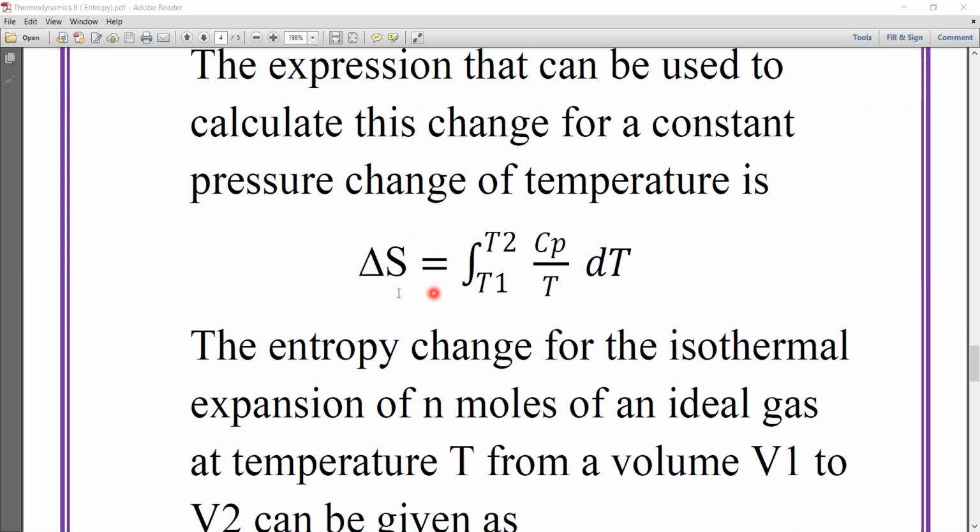So by this equation we can calculate the entropy change when temperature change at constant pressure is given. And what is T1? T1 we can take as the initial temperature, T2 the final temperature. Cp, what is Cp here?